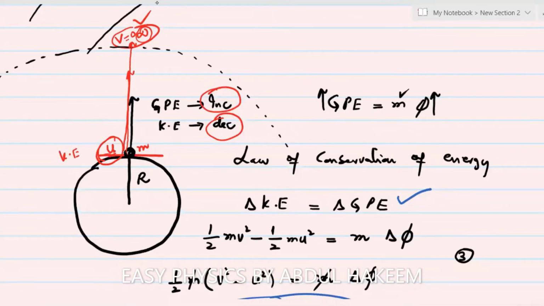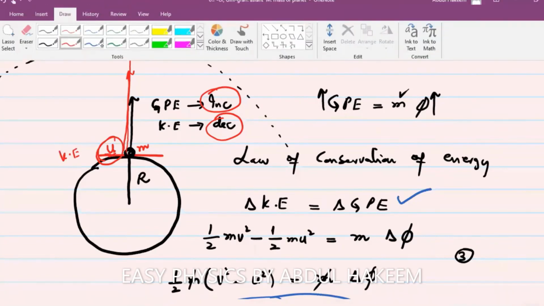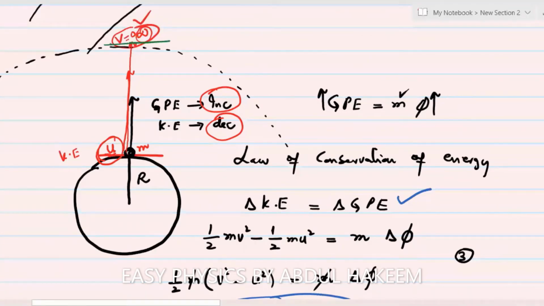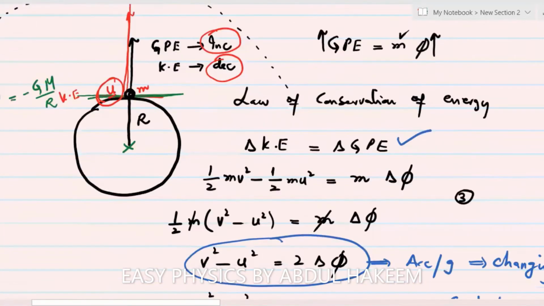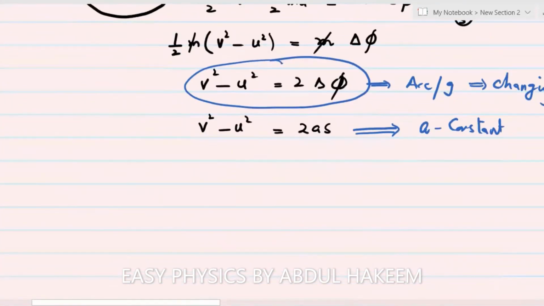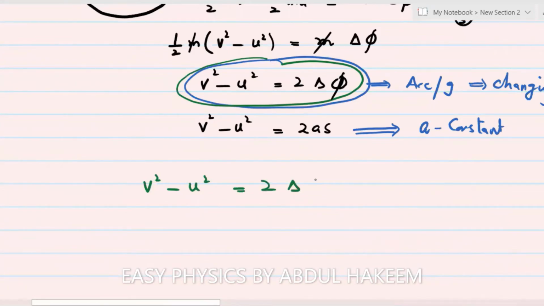Okay. Now, 2 points. One at infinity, where gravitational potential is 0, and the second at the surface of the planet, where gravitational potential is minus GM over R, because the distance from the center of the planet is capital R. Now, according to the formula, v square minus u square equals 2 times delta phi.